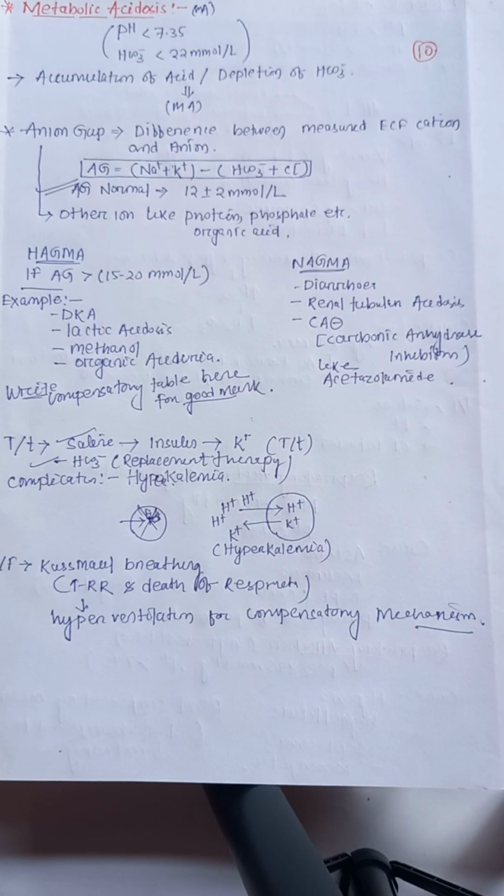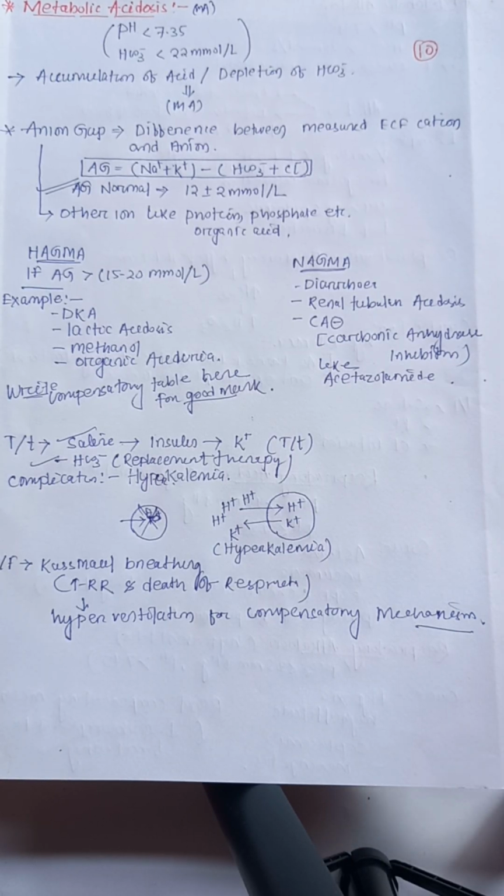Diabetic ketoacidosis, you should know this. There will be heavy production of beta hydroxybutyrate and acetoacetate. These are acidic things, so that acid consumes HCO3 minus, and there will be depletion of HCO3 levels. Excess acid production causes depletion of HCO3 minus.